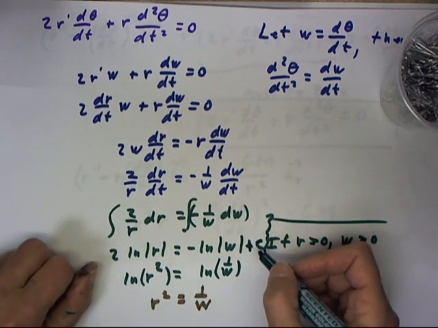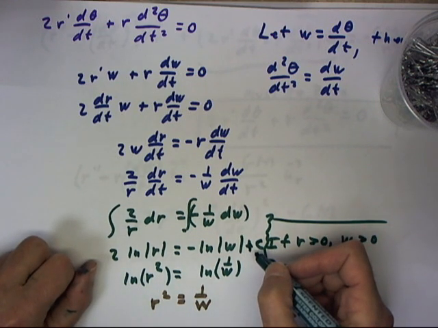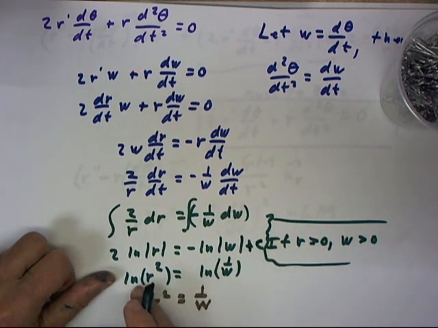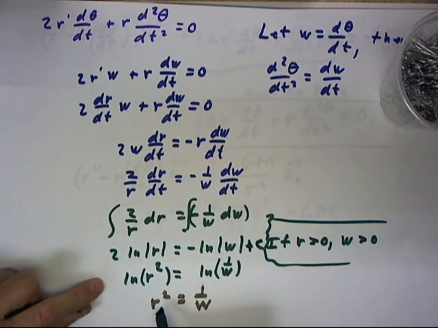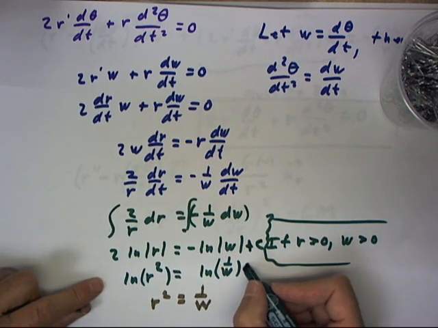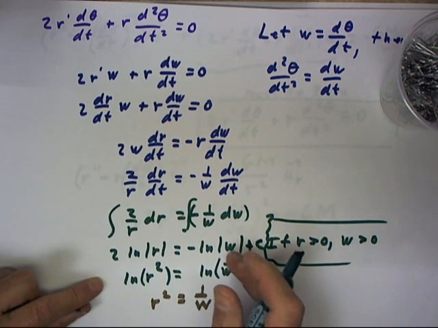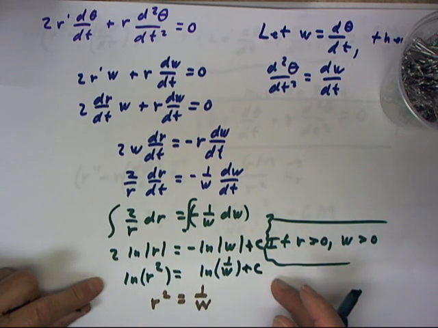Okay, where c is an integration constant that absorbs the integration constants from both sides. And when we exponentiate both sides, which is what we do to get from this step to this step, we're going to have to exponentiate natural log of 1 over w plus c.